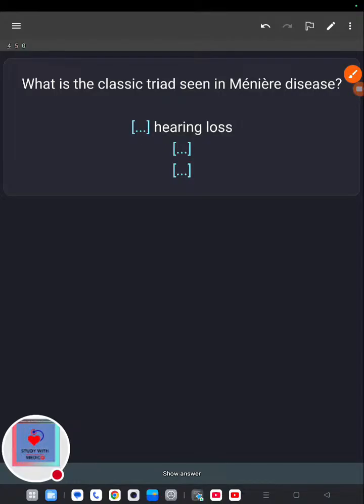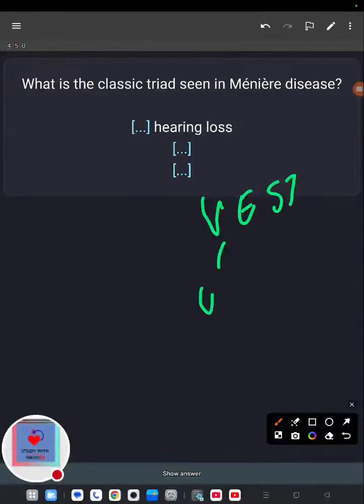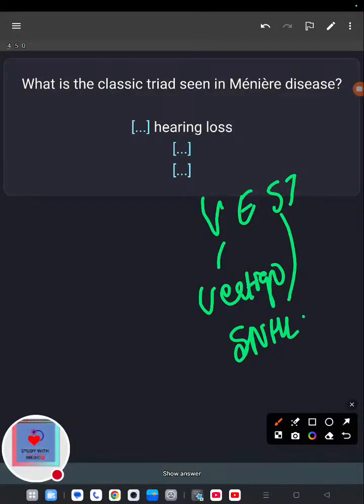What is the classic triad of Meniere's disease? V, there will be vertigo, S, there will be sensorineural hearing loss, T for tinnitus, there will be sound in the ear.